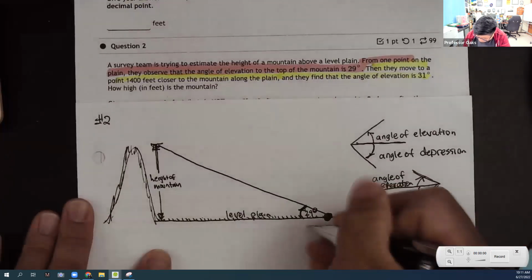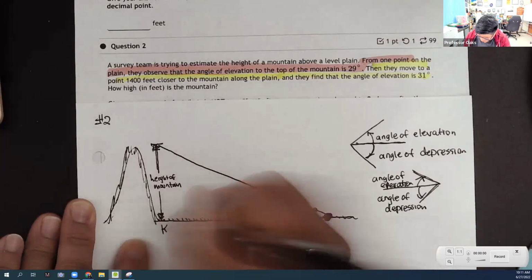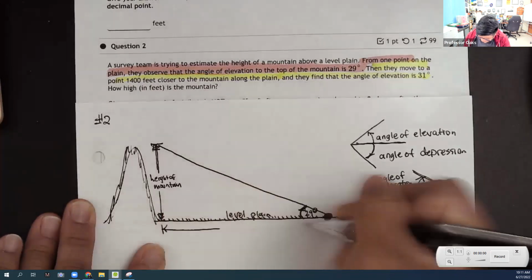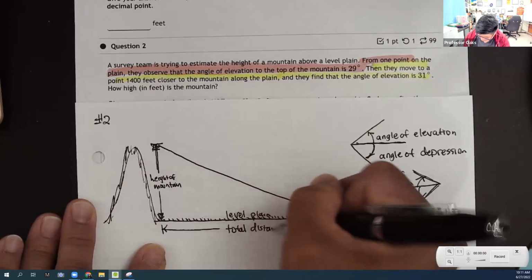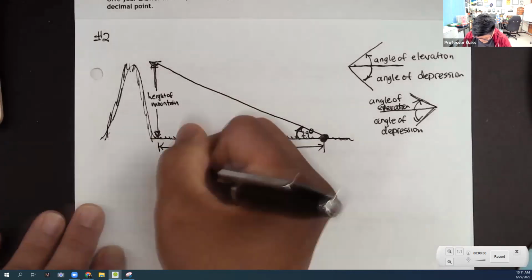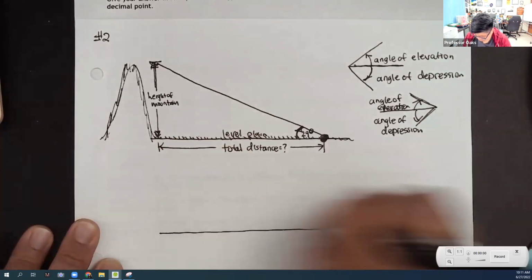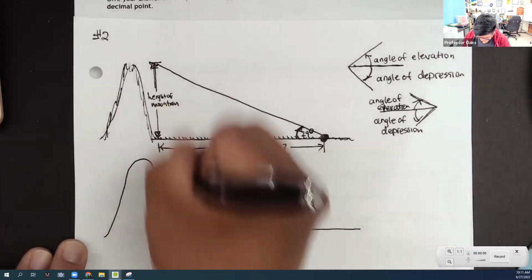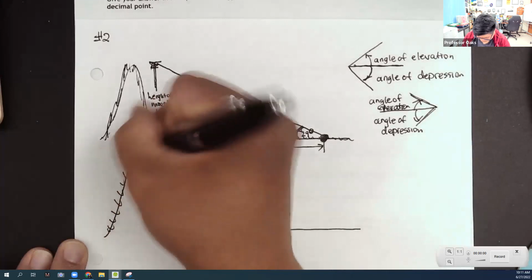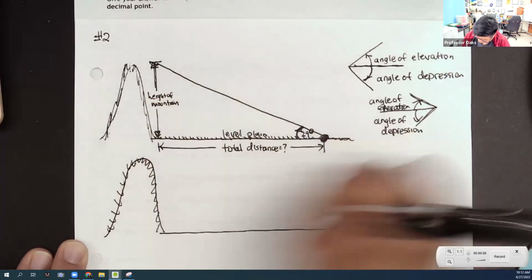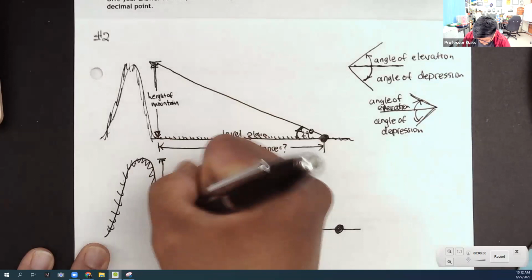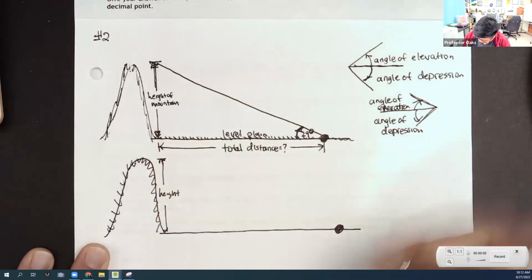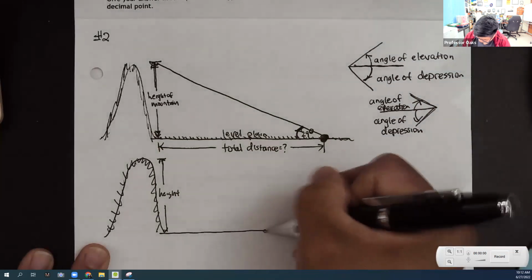You don't know how far the total distance is, but if I draw this again, here's the mountain, and from that point they went in 1,400 feet.